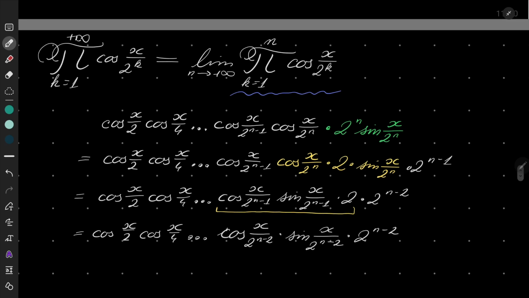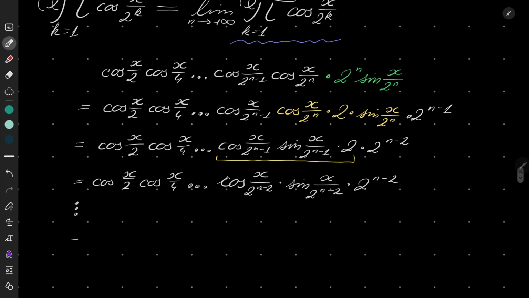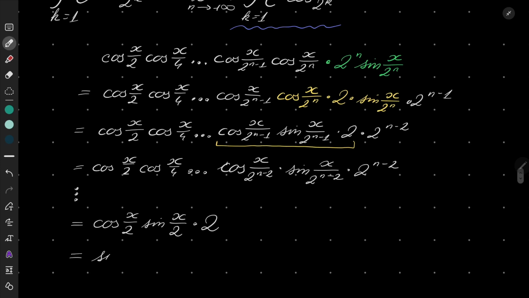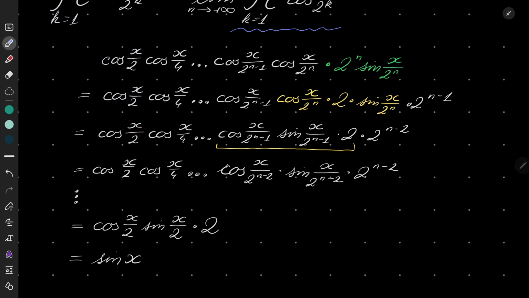And again, I can do the same trick over and over again, and it's pretty easy to see that after many applications of this formula, finally I will have cosine of x over 2 times sine of x over 2 times 2. And finally, I will arrive at sine of x. So this product right here is just sine of x.